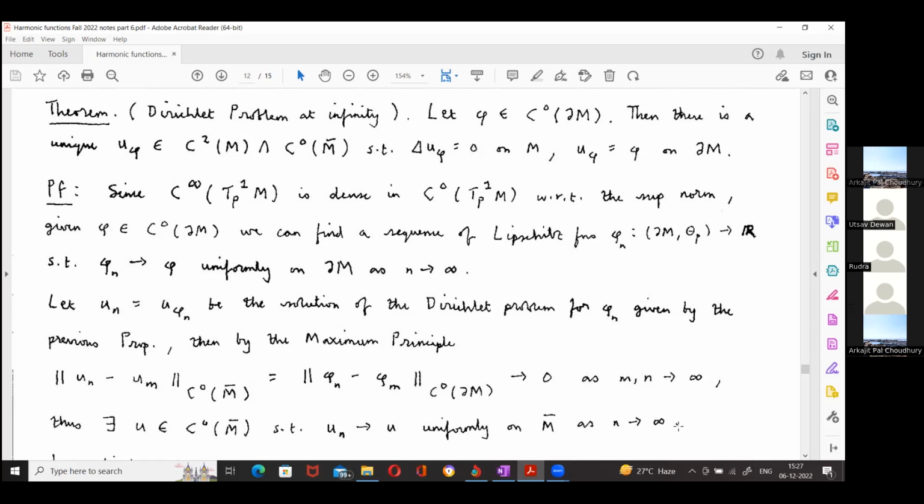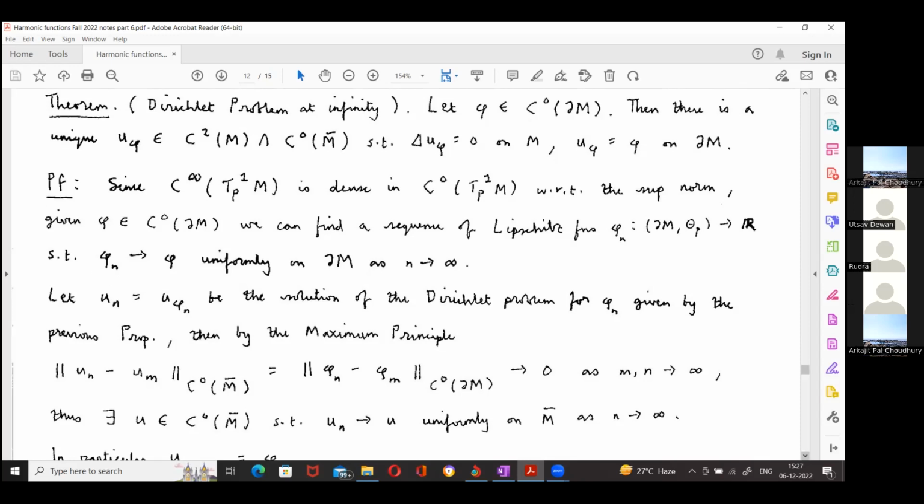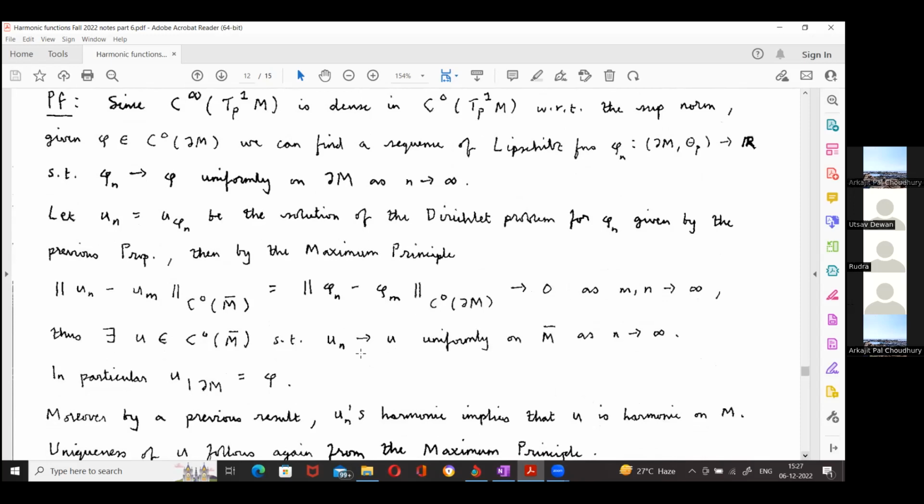Okay. So then by the maximum principle, I know that the sup norm of un minus um over M closure is equal to the sup norm over the boundary, which is the sup norm of phi n minus phi m over boundary M. And this sup norm goes to 0, right?